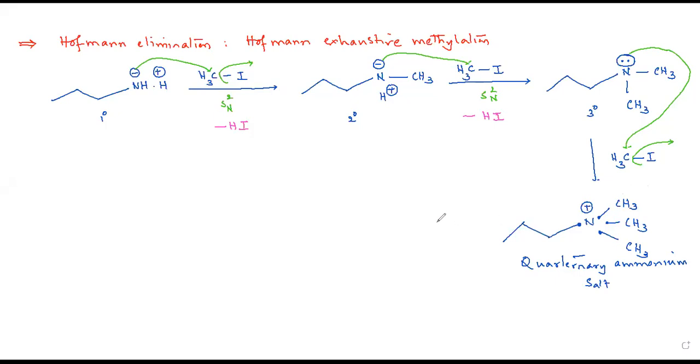Now, when this ammonium salt is treated with moist silver oxide, see, up to the formation of quaternary ammonium salt, we call it exhaustive methylation. Now, when treated with moist silver oxide, when I say moist, I'll have water with silver oxide.